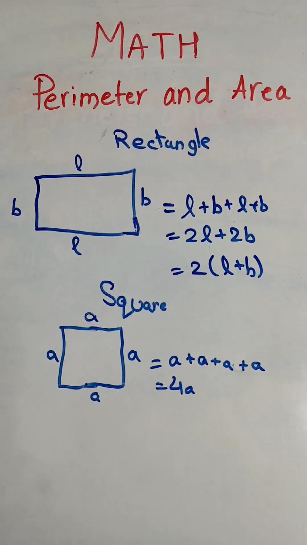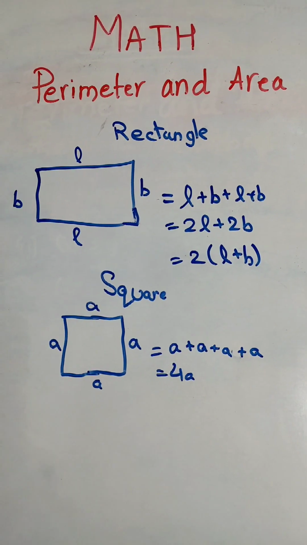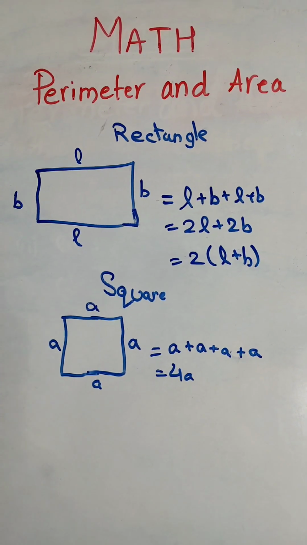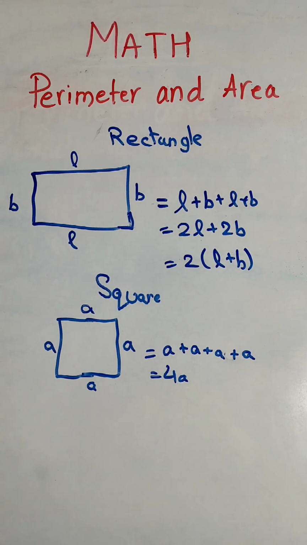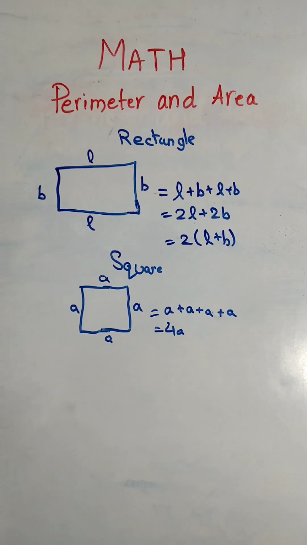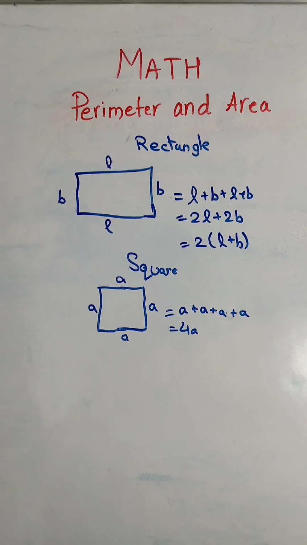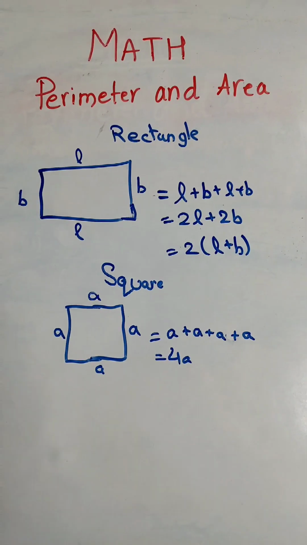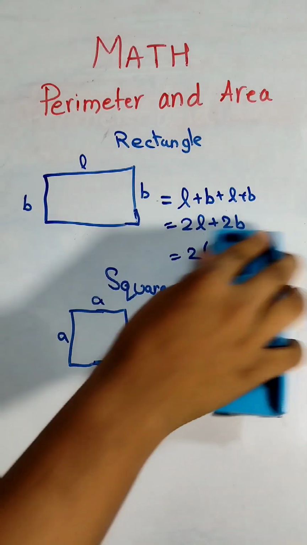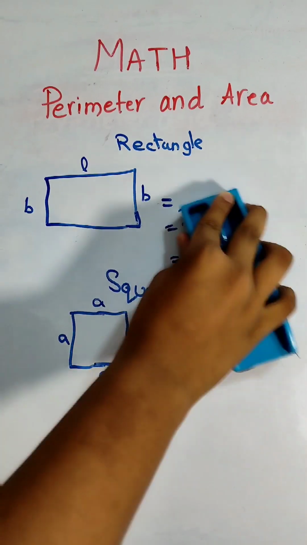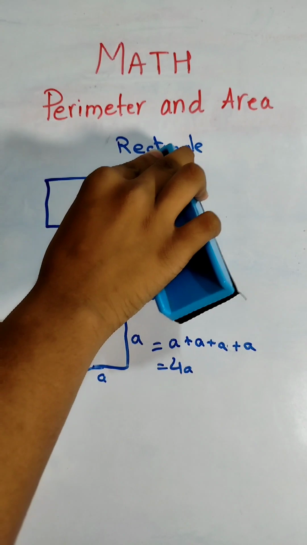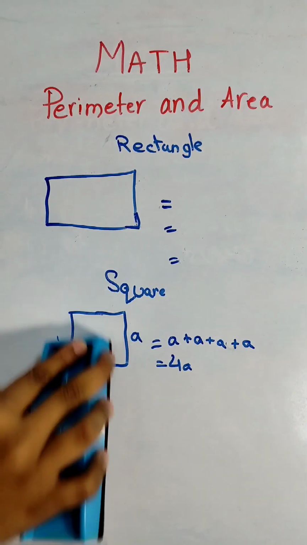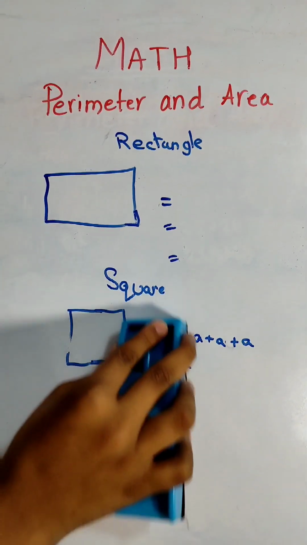Now we've understood what perimeter could be. So we'll try to simplify this by giving some values to L, B and A. First let's erase all of this, because we've understood the formula for a rectangle and the formula for a square.